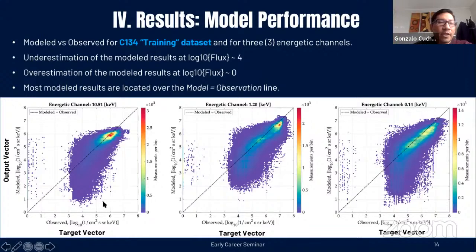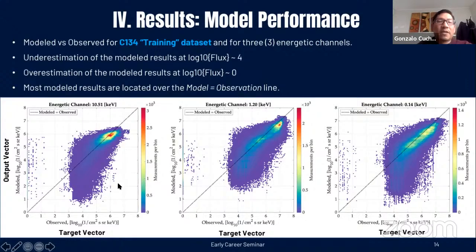So one point here indicates that the observed data was, let's say this one, 6. However, my model identified this value as 1.5, which means this is an underestimated value. Also, the color indicates how many of these pairs I have. I have few of these because this is blue.